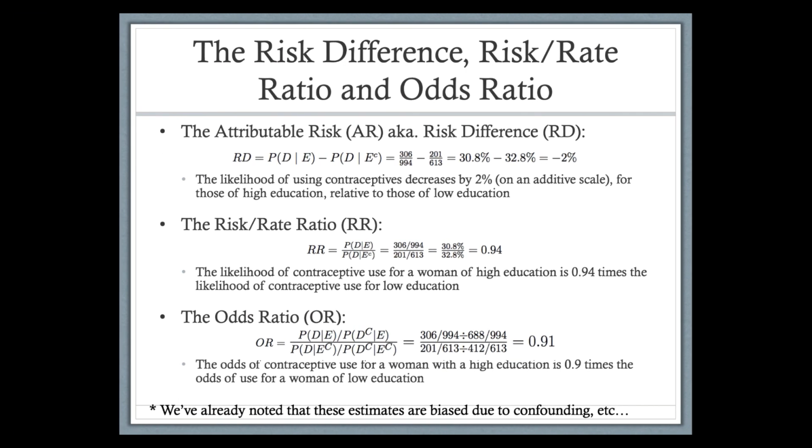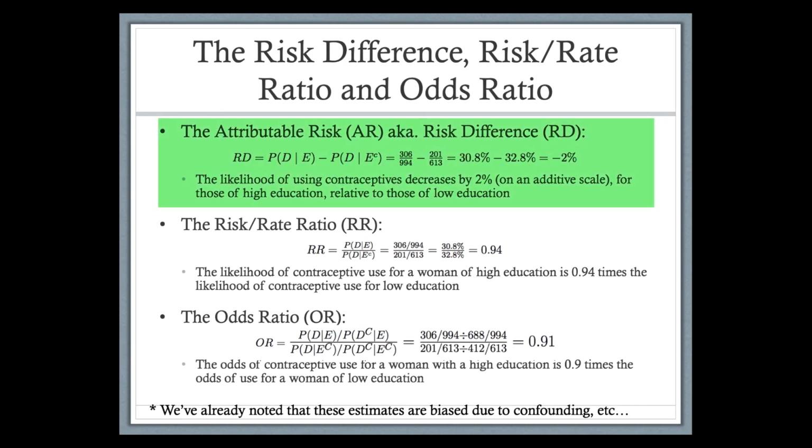The first one, the attributable risk, or sometimes what gets called the risk difference, is the difference in those two probabilities, or the difference in those two risks. What's the probability of using contraceptives given someone's highly educated minus the probability of using contraceptives given they're lowly educated? Or that 30.8% minus the 32.8%, which gives us negative 2%.